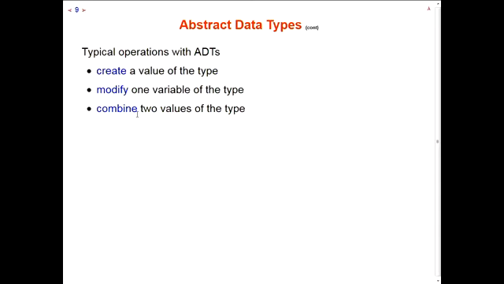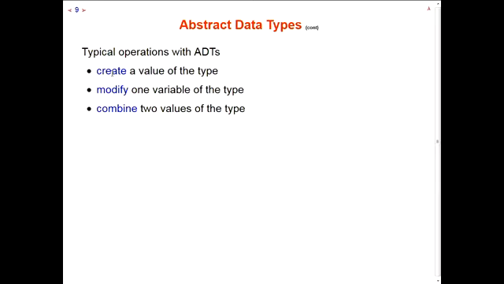When we have an abstract data type, and we will see lots of examples for this throughout this course, then typical operations will be to create a value of that type, to modify a variable of that type, or to combine two values of the type. Think of stacks of integers, for example. We might want to create an empty new stack of integers.